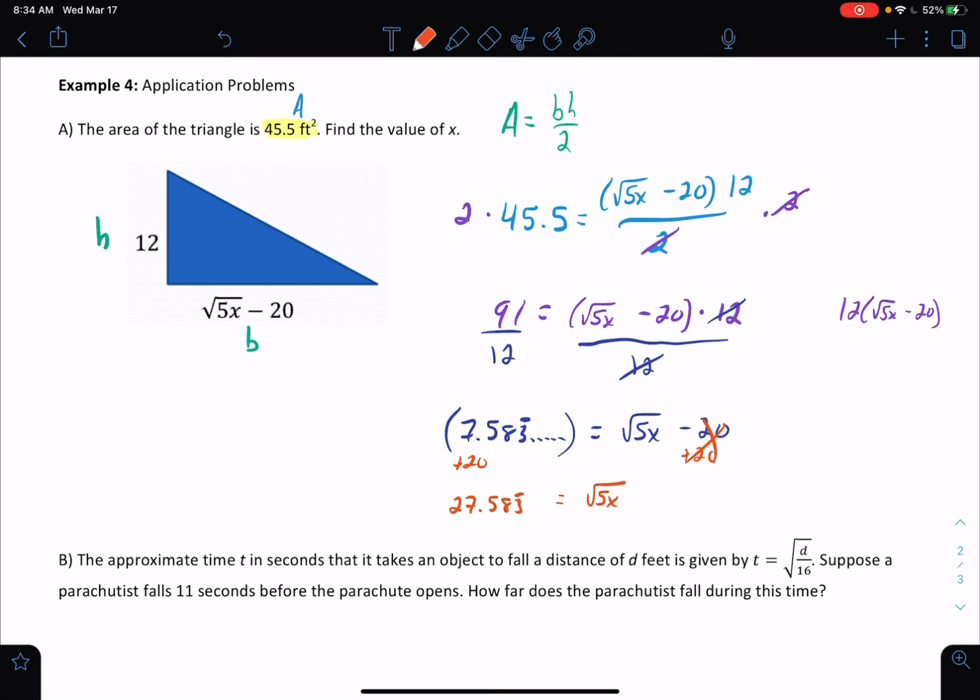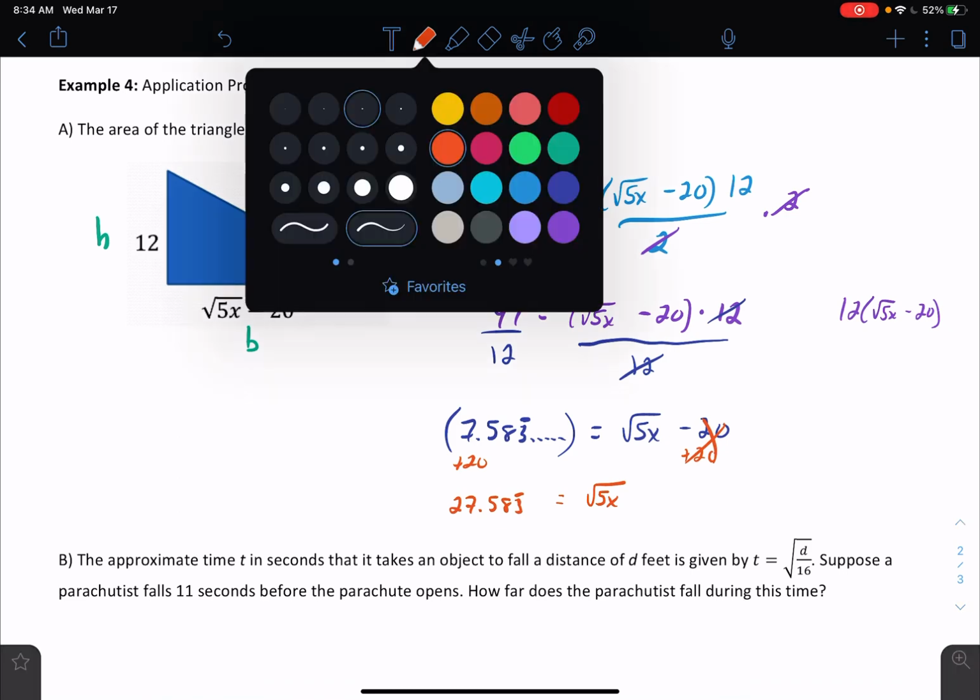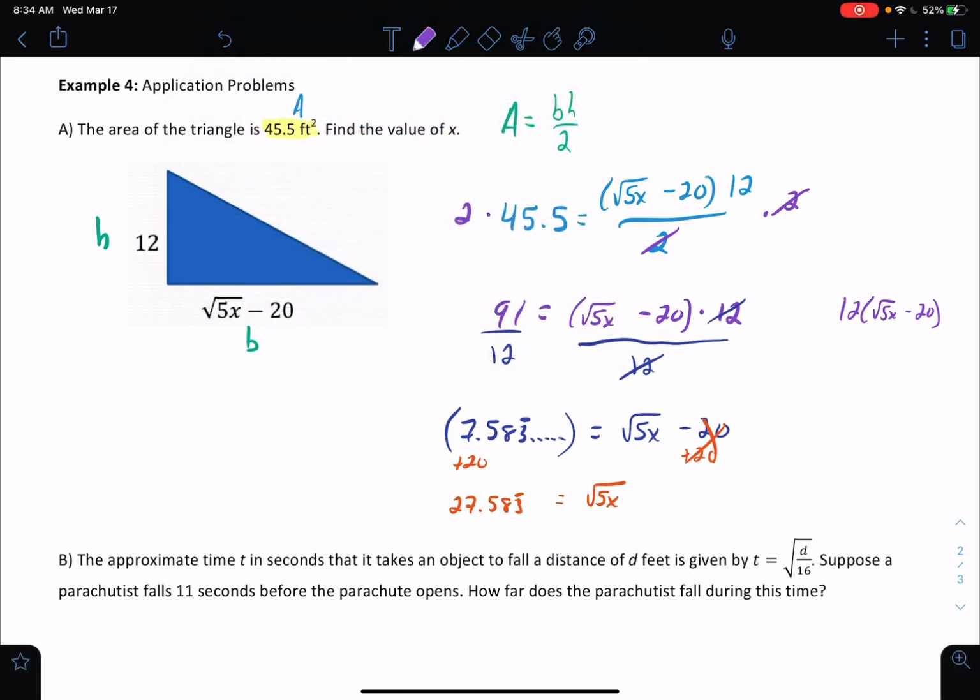So now my variable is trapped underneath a square root. So to undo that, I'm going to square both sides. So if I square 27.583 repeating, running out of room, so I'm going to go over here, 760.84 and so on equals 5x.